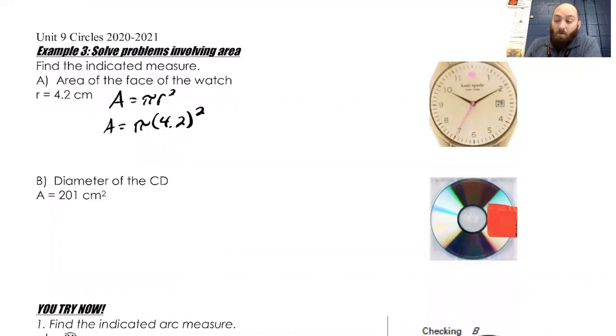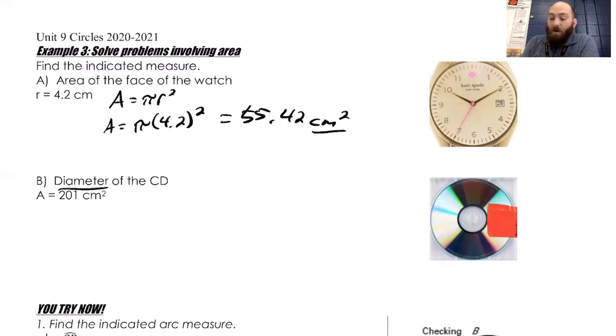So if you're doing it in multiple steps, do 4.2 times 4.2, then times pi. You do that and you get 55.42 square centimeters. And there's that square centimeters idea. Square is representing an area. It's taking up a certain amount of space on a surface.